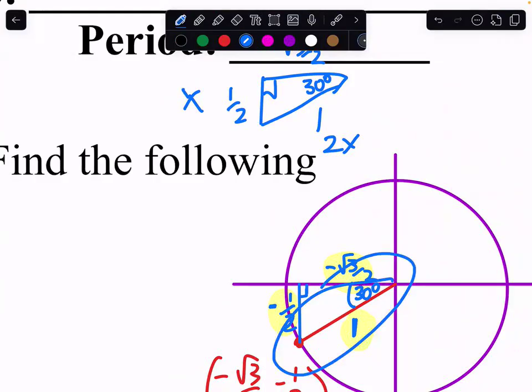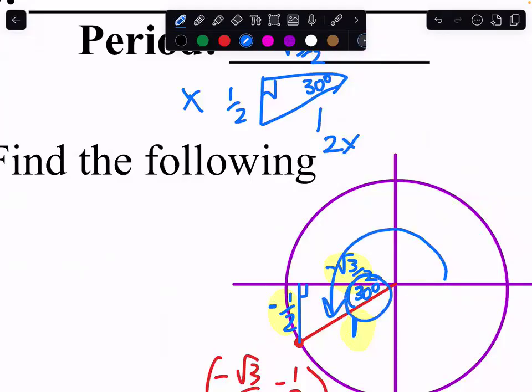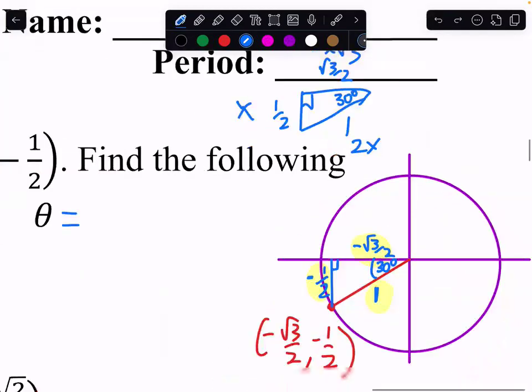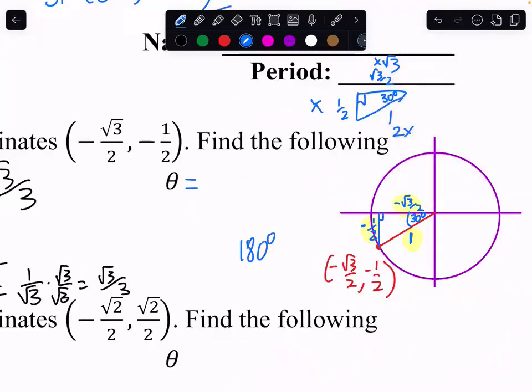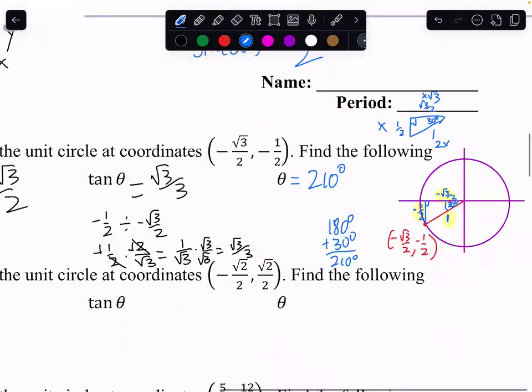So I think maybe what Dimitri meant was... Sorry, say that, Nikki. 210. And where'd you get that from? I forgot what it's called. Yeah, so you need to find the angle in quadrant 3 which has a reference angle of 30 degrees. I think that's what both of them were saying. So this would be 180 degrees, and then you add 30 degrees more. The angle in quadrant 3 which has a 30-degree reference angle would be 210 degrees.